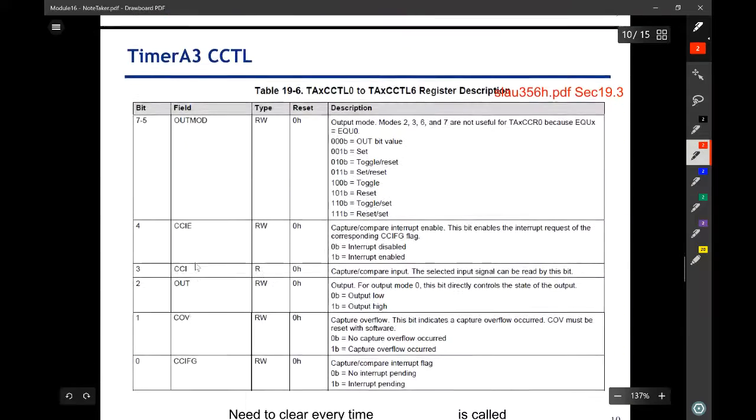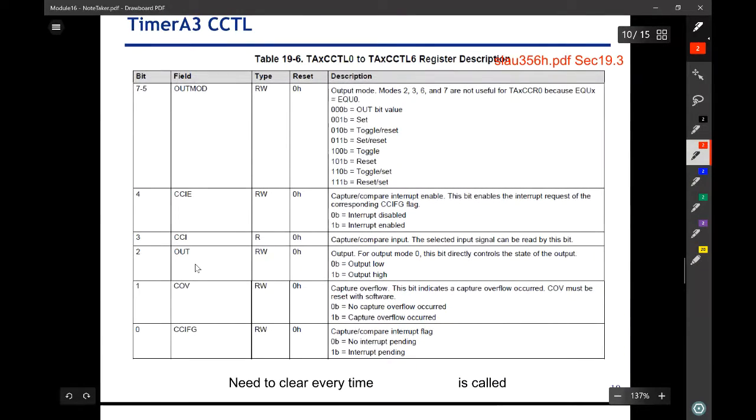Okay, and then this one we don't care about. So this is the compare mode, right? And then here we need to enable the interrupt. We need to enable interrupt of CCTL0 and CCTL1, and we don't need this, and we don't need this, right? And then we need to clear the interrupt pending.